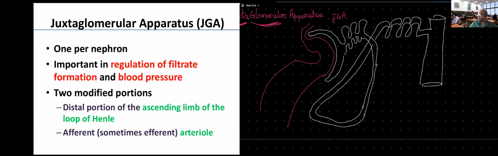So the juxtaglomerular apparatus is a cluster of cells that will be located close to the glomerulus.